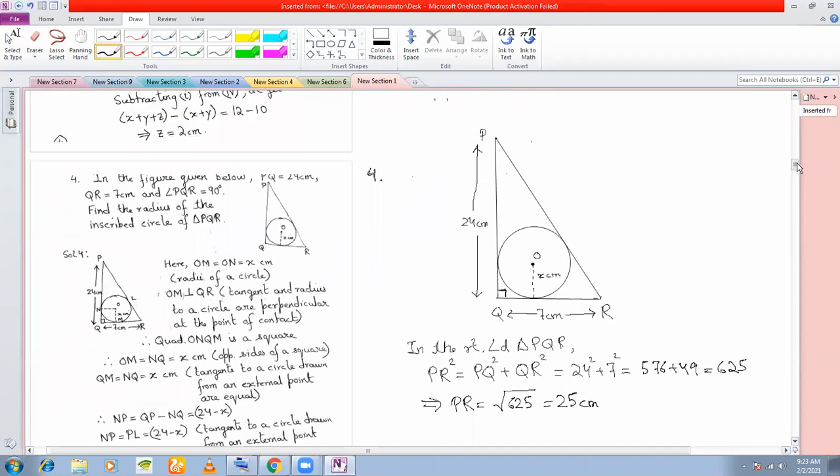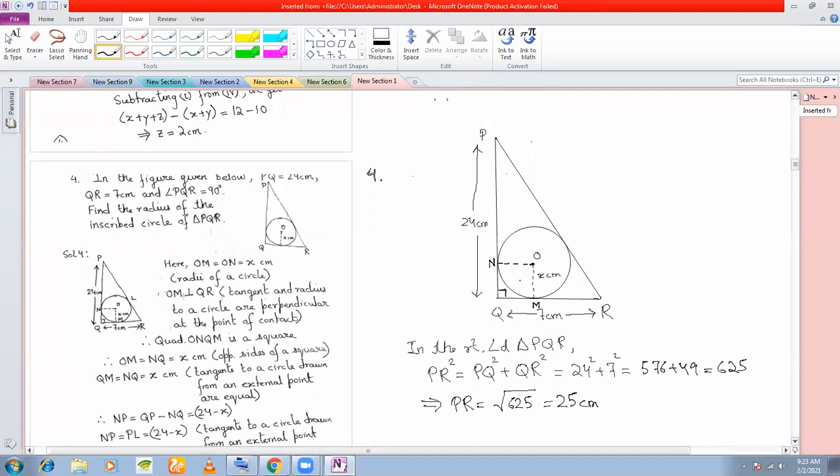Okay, now we shall see how to find out the radius of the circle. What you do is you join this also. That is, you join the point of contact N with the center and you call this point M. Now, just as in the first problem I said, this forms a square.